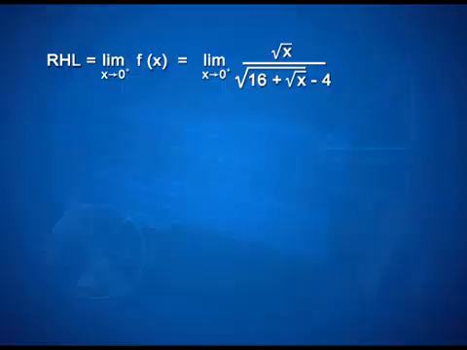Again, as we take x approaching 0 from its greater side, f x gets replaced by the function root x by square root of 16 plus square root of x minus 4. And as we said earlier, we use rationalization.